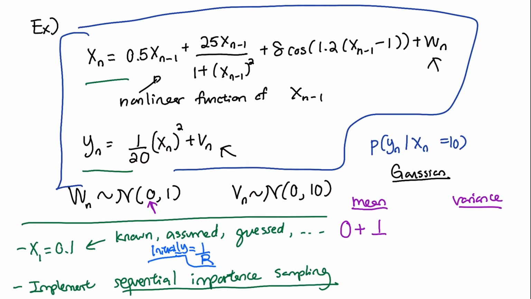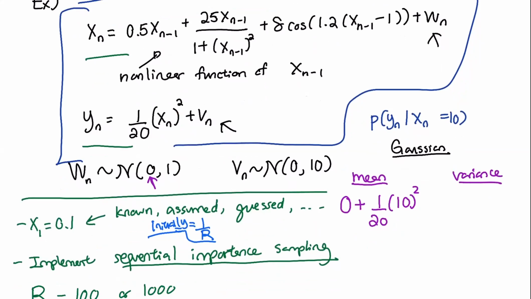So this is 1 divided by 20 times 10 squared, right? And that's the mean in this case. In general, it will be 1 divided by 20 times xn squared, right? And also, what's the variance? Variance is 10 this time. Right, because we're working now with the measurement noise.